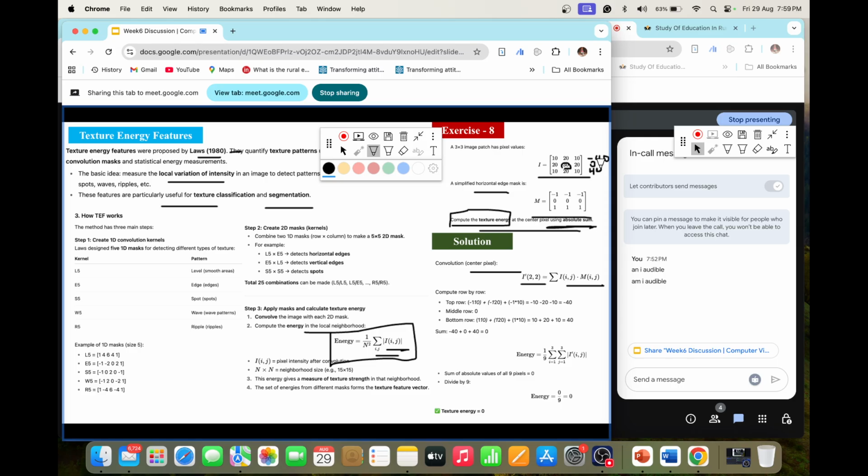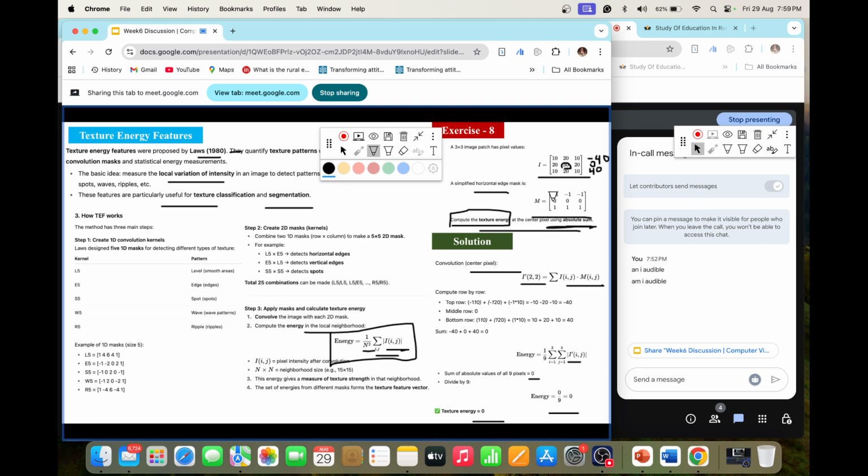Just find the sum: minus 40 plus 0 plus 40 is 0, and take the absolute sum of it, which gives 0. Then you divide by the number of elements, that is n squared, already given as 3 cross 3, that is 9. So 0 divided by 9, that 0 is your texture energy.